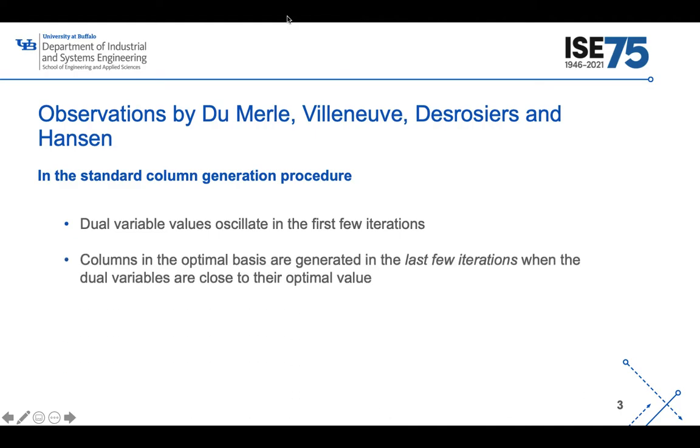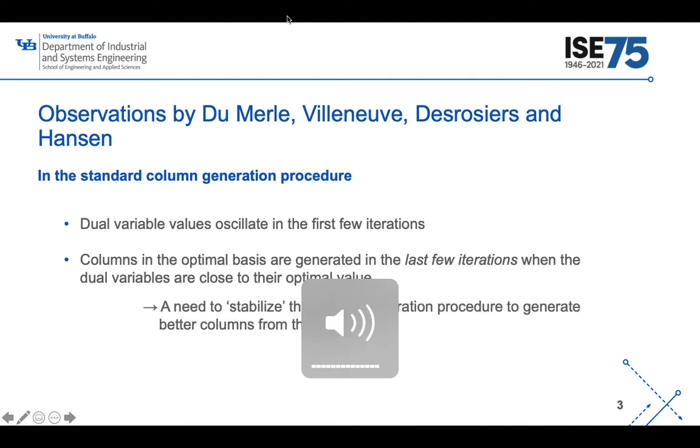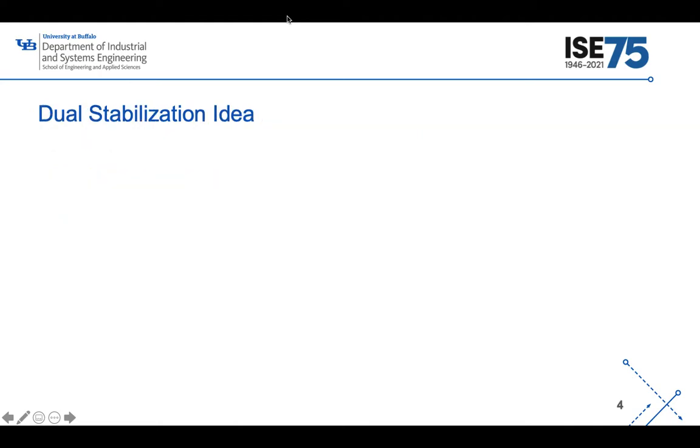And with that, it also means that the columns in the optimal basis are usually generated in the last few iterations, when the dual variables are already close to their optimal values, if that makes sense. And so we needed a way to stabilize this column generation procedure so as to generate better columns from the get-go. All right, so let's dive in.